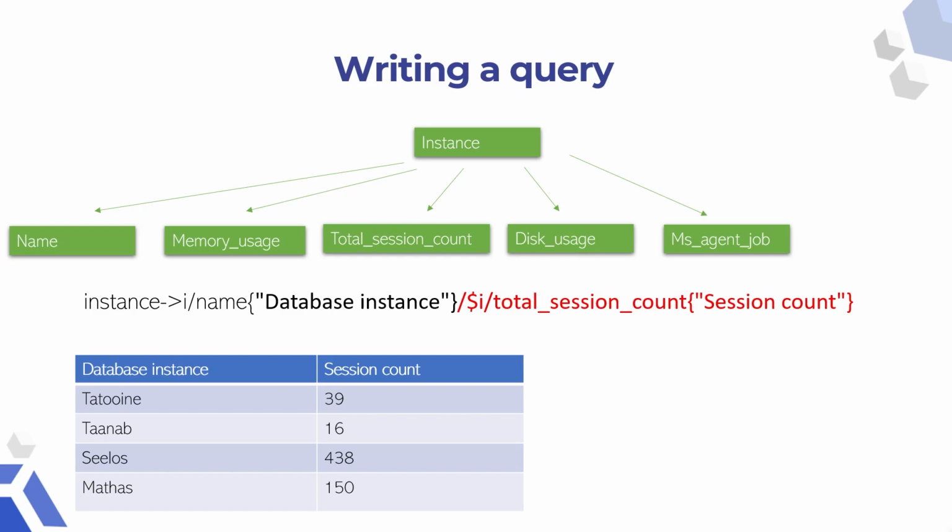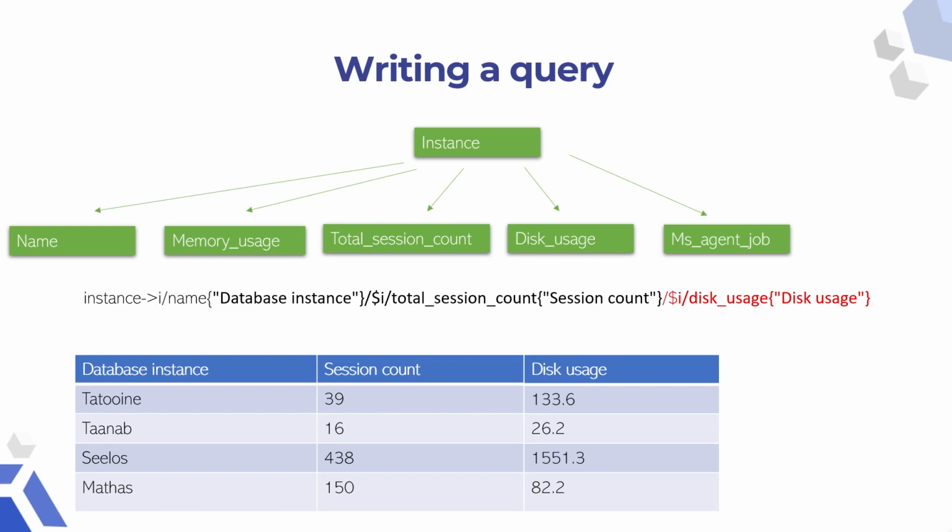And since we use an anchor, we open the possibility to query multiple values at once, starting from the same node item. For instance, if we want disk usage value displayed alongside the database instance name and session count, and this allows us to put together information from many different queries into one result set.